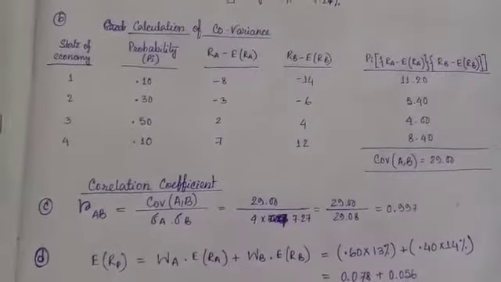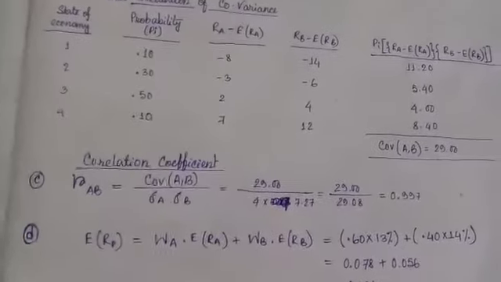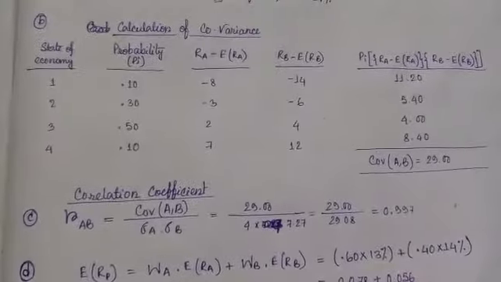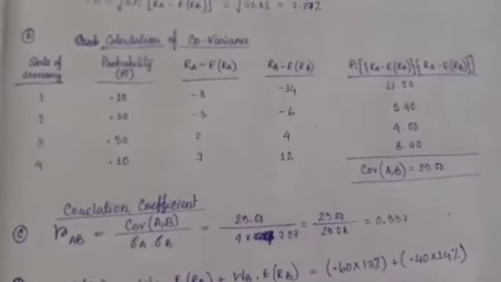If the return of security A is decreased by 1%, then the return of security B will also decrease by 0.997%. So security A and security B are related positively.